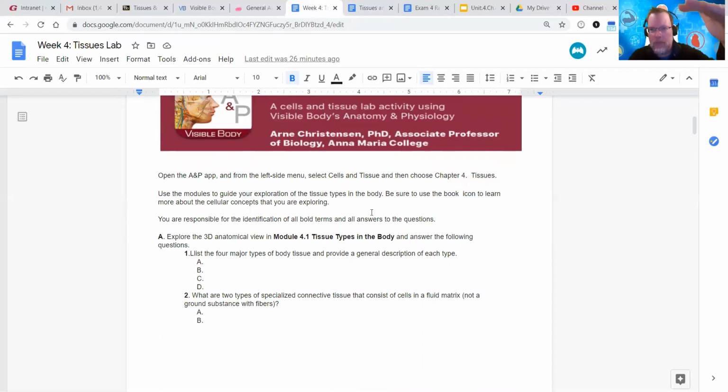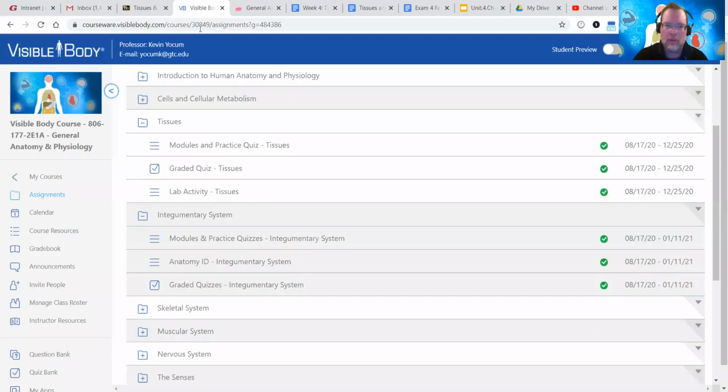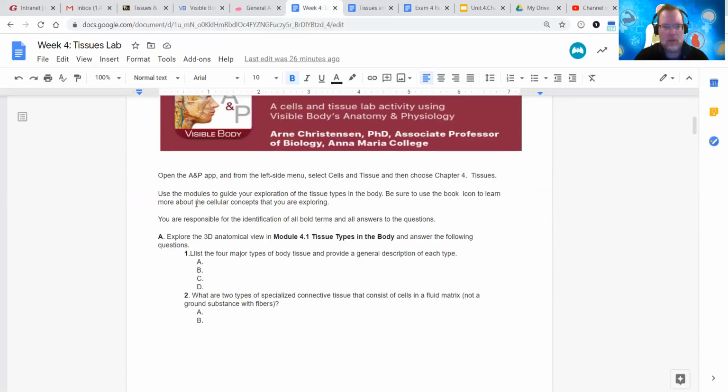And most of what this Visible Body lab assignment is going to be will be the tissue aspects. There's a few things with skin that you're going to want to do, but this assignment is primarily going to be from the tissue's spot.